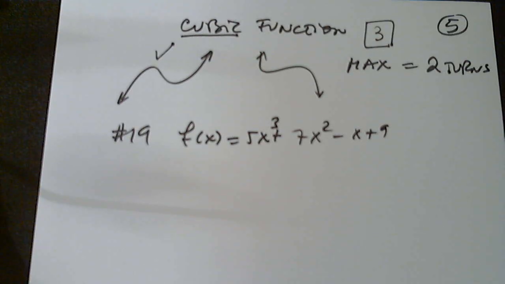I want to find the zeros. I have a hunch that they're terrible. So 5, 7, -1, and 9. And I expect something terrible. What I meant to say, nothing nice.